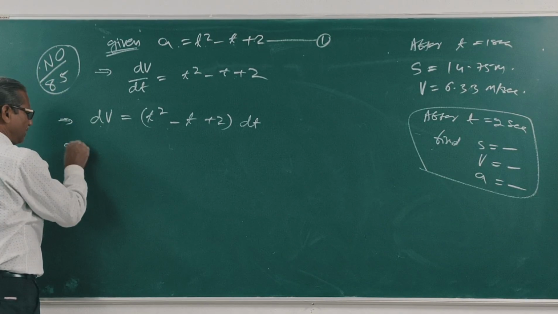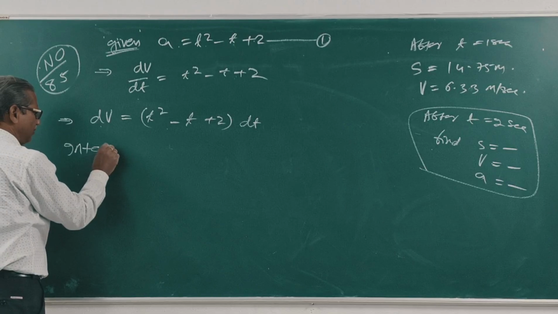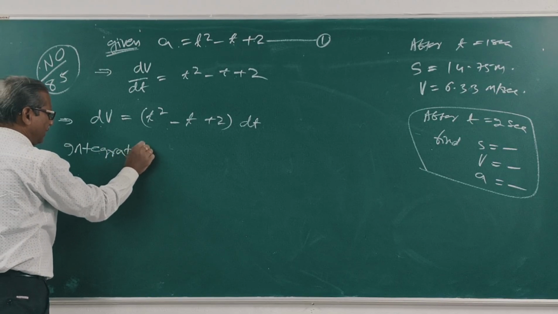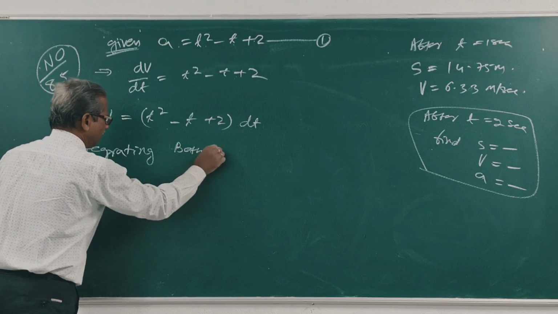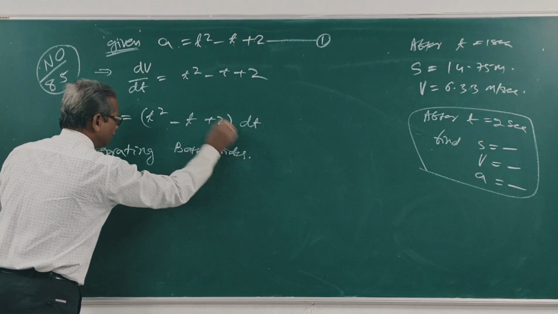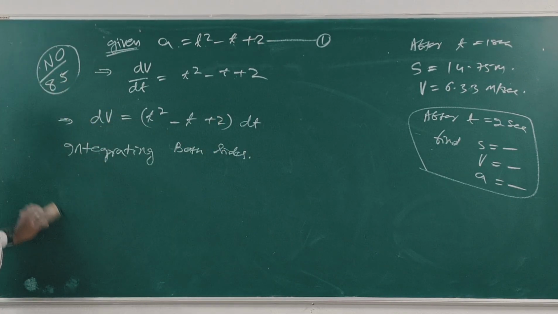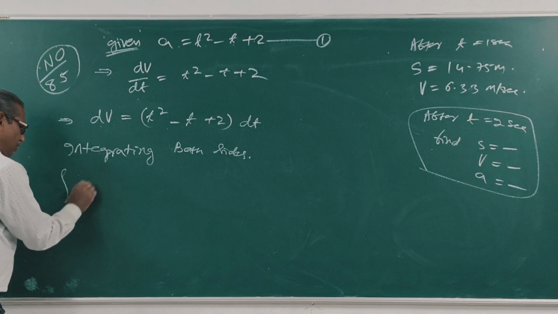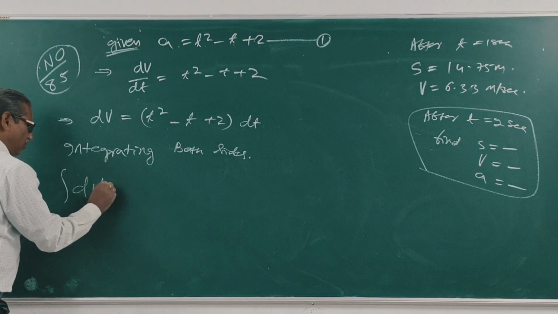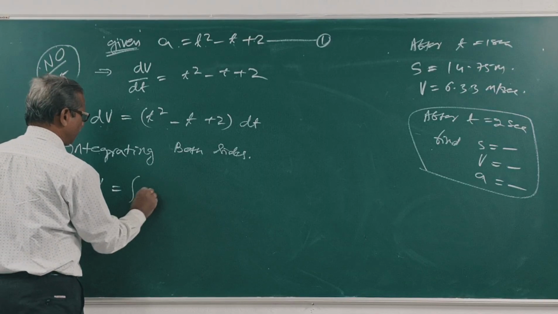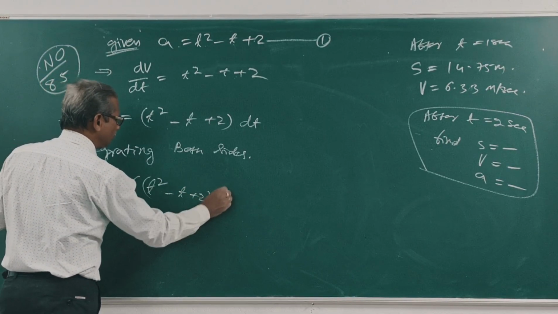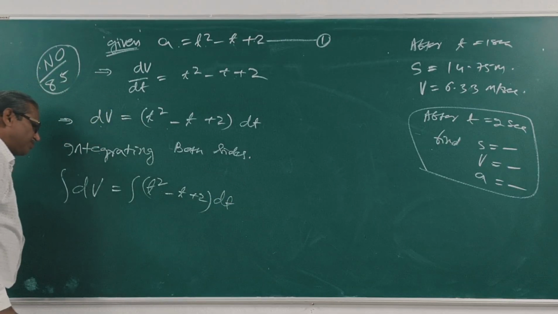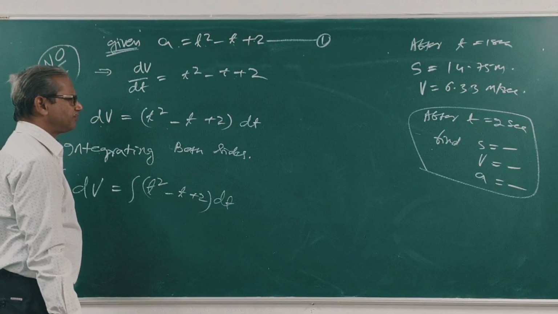Integrating both sides. So integration of dv is equal to integration of T square minus T plus 2 dt. Right?